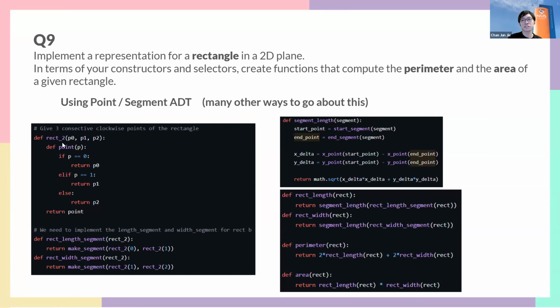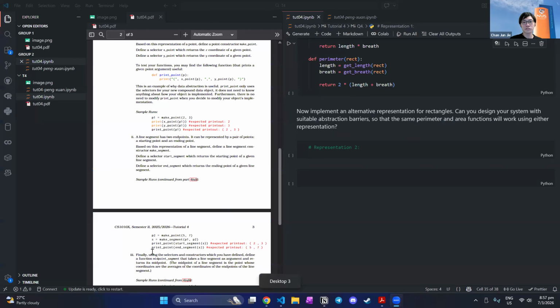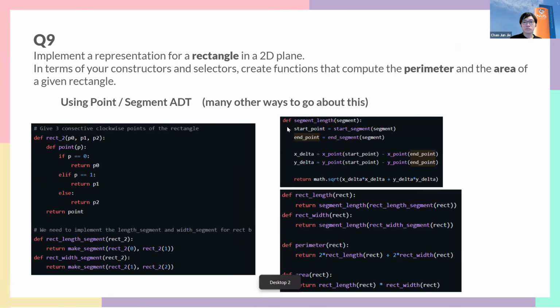So you don't actually have to take in the last point, because you can derive it using the first 3 points. So you can implement some different functions to get a line segment, making use of your segment ADT and point ADT. And you can define functions to get the length of a segment to be able to calculate its perimeter and area.